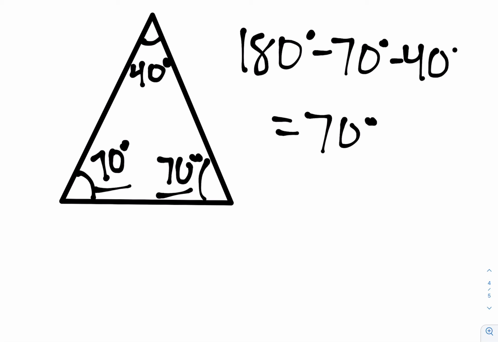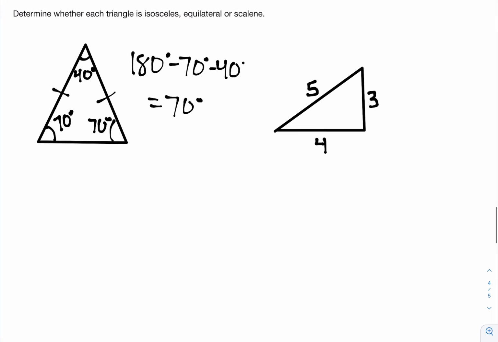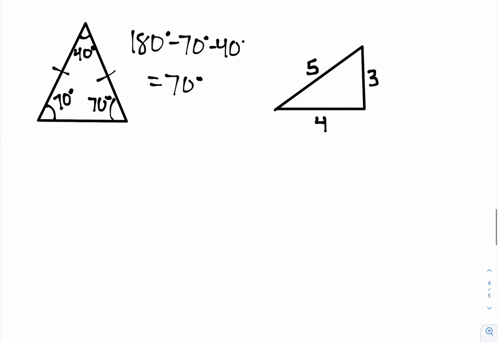And since these two are the same angle, we have an isosceles triangle. So if these two are the same angle, that means that these two lengths are also the same. So it's going to be an isosceles triangle. So I'll just write here, isosceles, always kind of weird spelling.